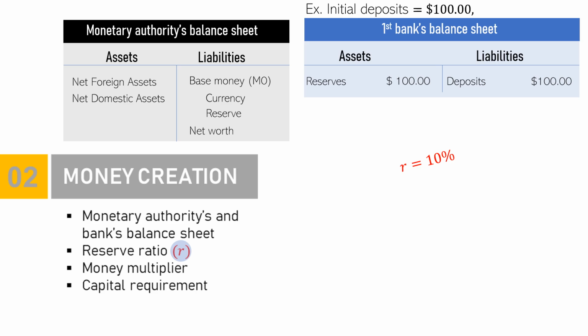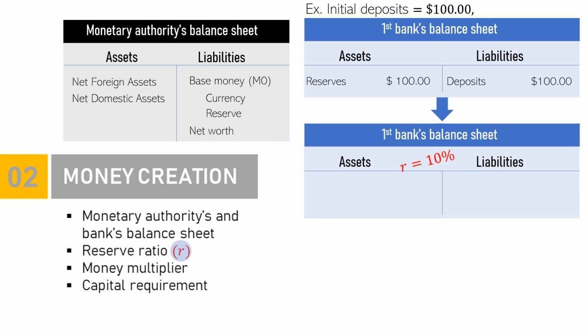Look at the first bank's balance sheet. The deposit is $100. With a $100 deposit, the minimum reserve would be $10, or 10% of the bank's total deposits. If Bank 1 loans out all its excess reserves, the loans made will be as much as $90.